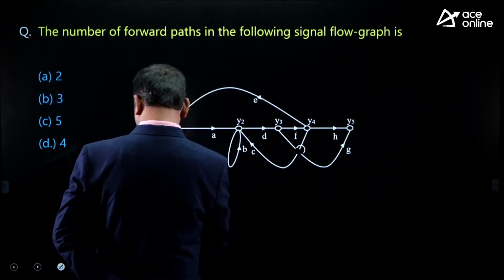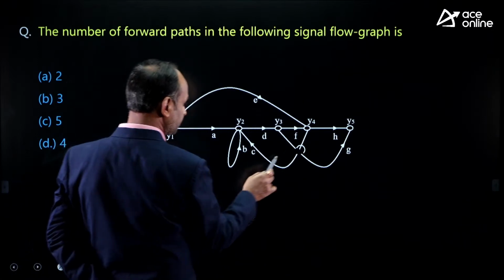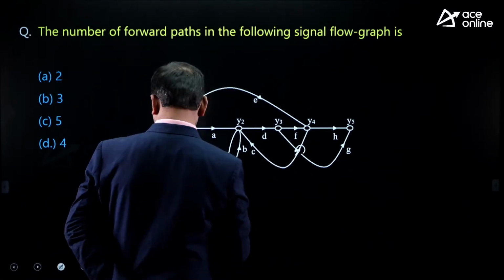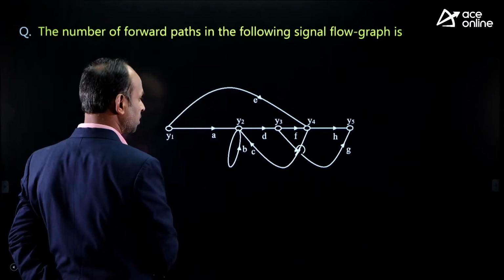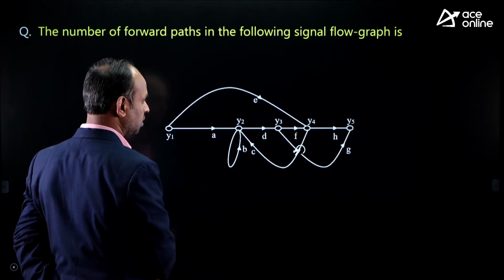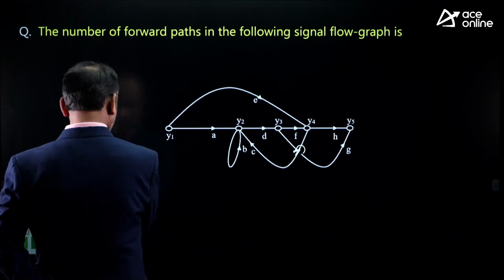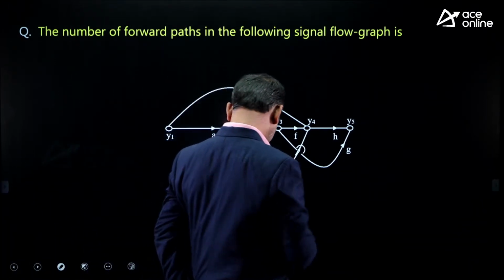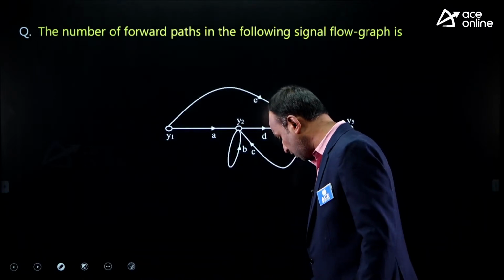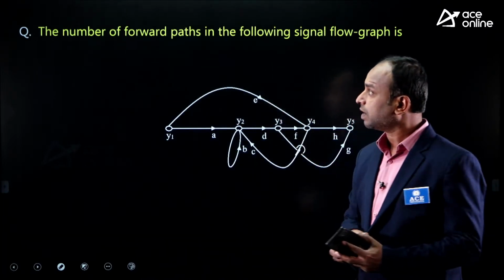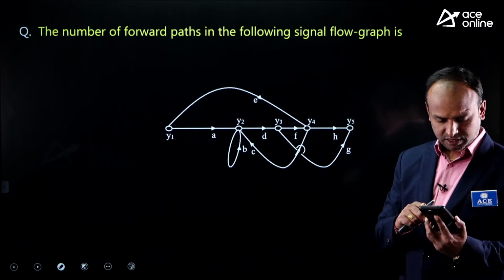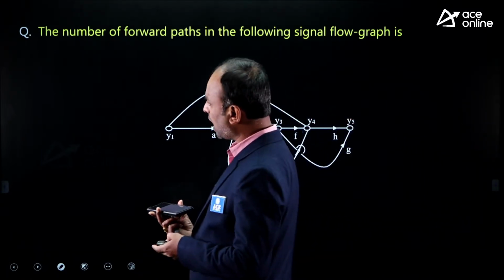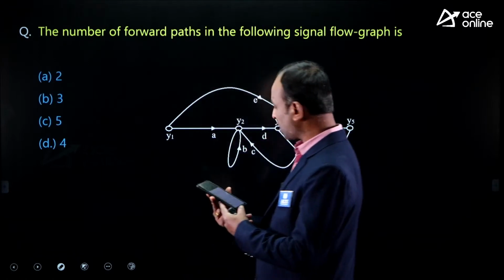Now come on, try to find out how many forward paths are here. Number of forward paths, simple. While giving the reply, give an SFG answer, with SFG options.